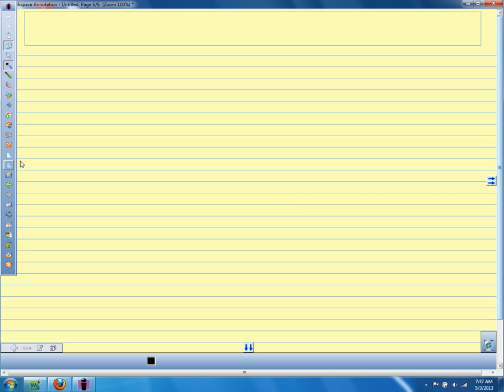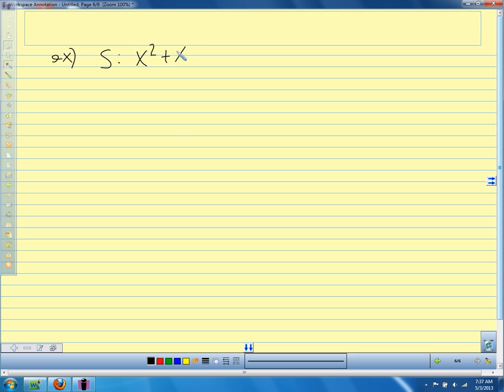So what if our surface, I'm not going to go through the entire example here, was given by x squared plus y squared plus z squared equals 36 in the first octant, and we needed to evaluate a flux integral, and this was our surface.